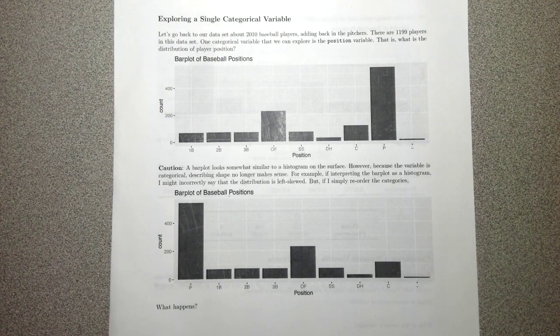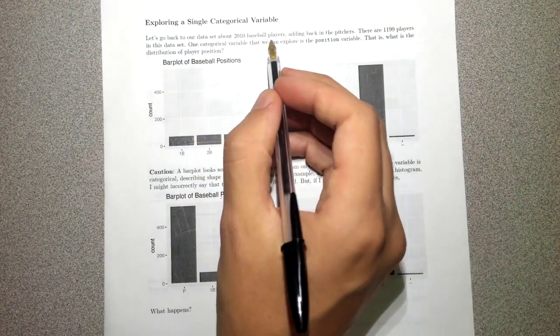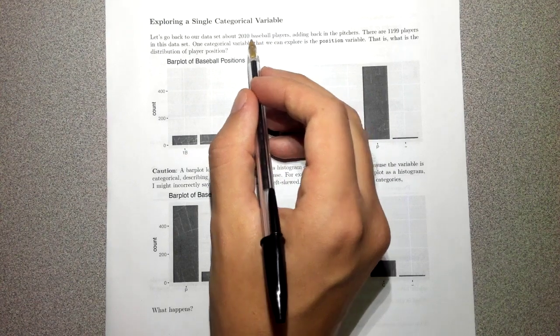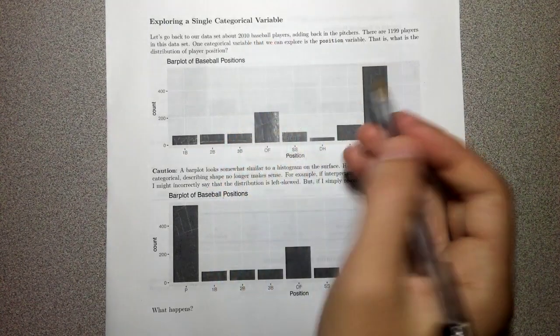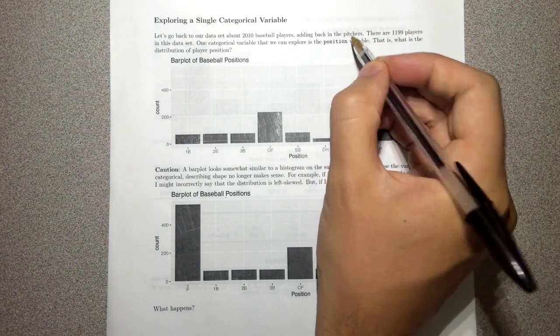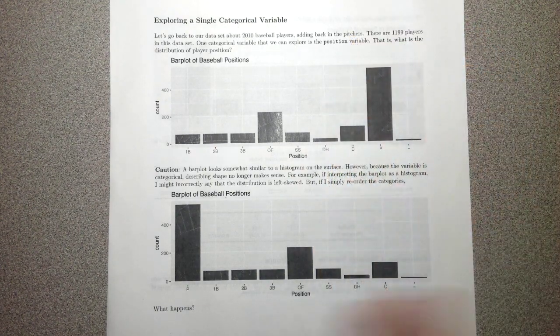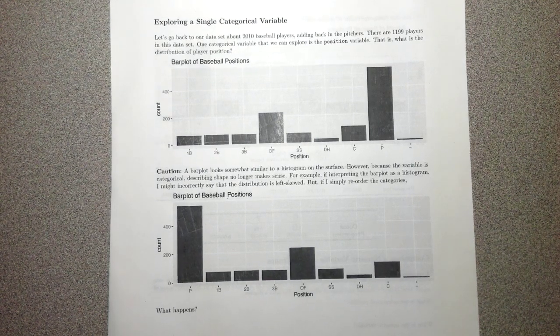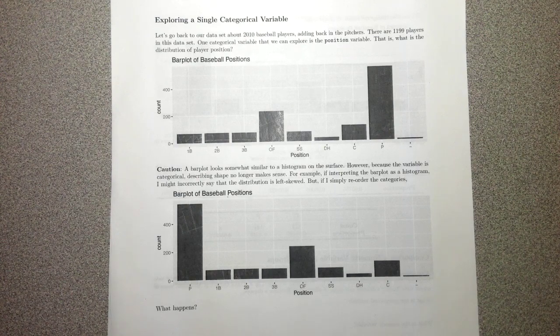numerically. And so let's keep on using our data set on these 2010 baseball players, but now let's add in the pitchers. Remember, those were removed at the very beginning, so we were just looking at players that weren't pitchers and looking at their home runs.